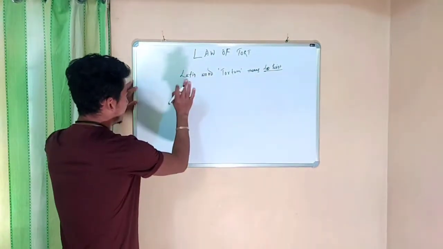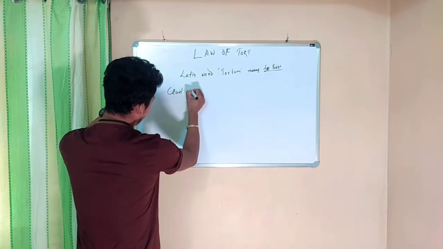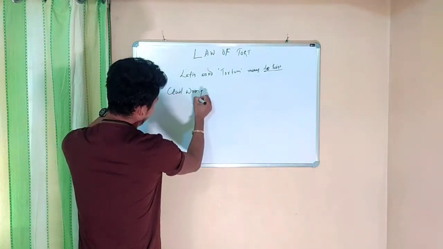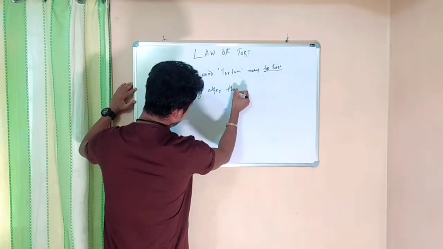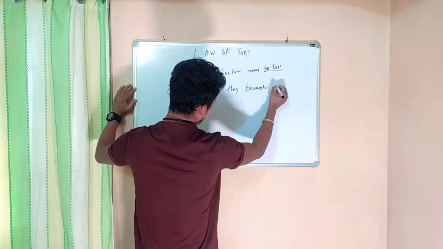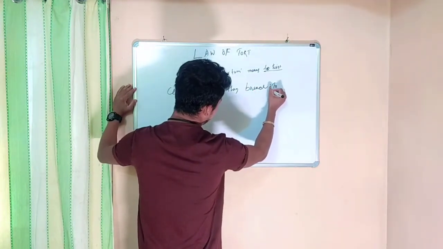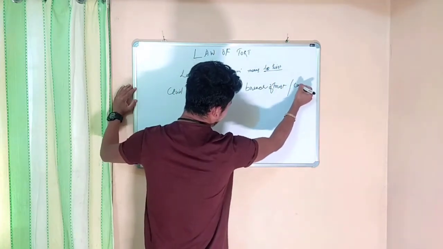And so what is tort? Tort is a civil wrong other than breach of trust or contract.